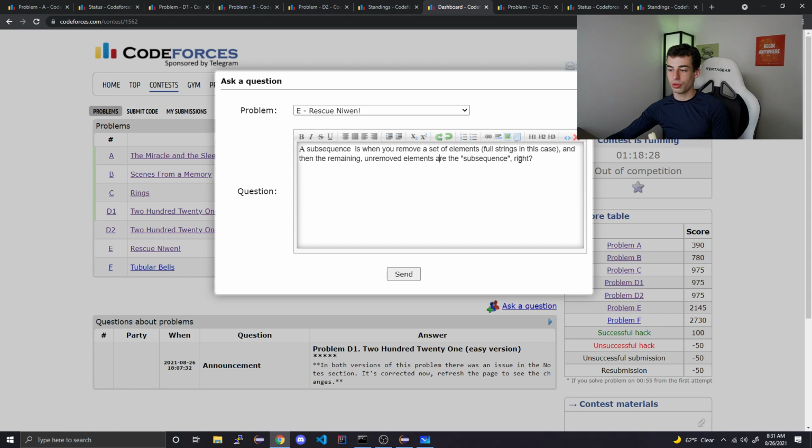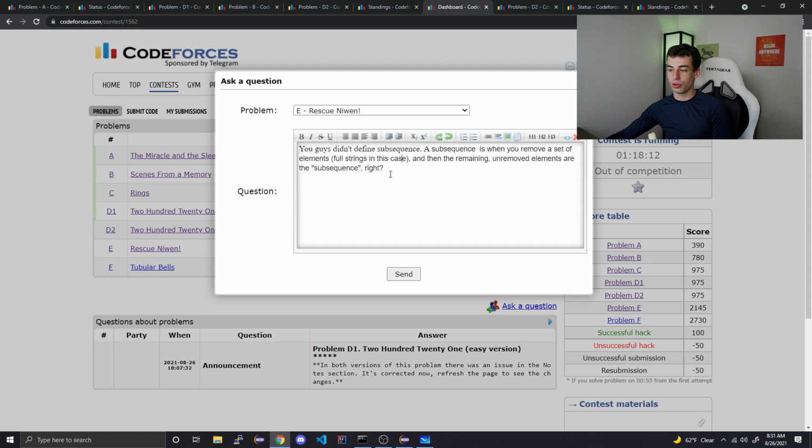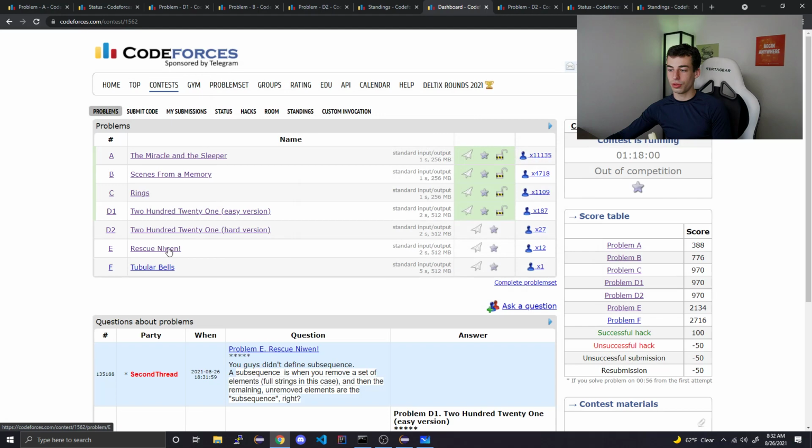Unremoved elements. Yeah, we'll ask. Doesn't hurt.